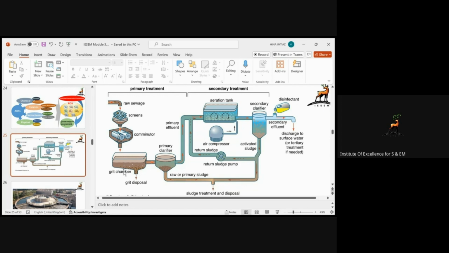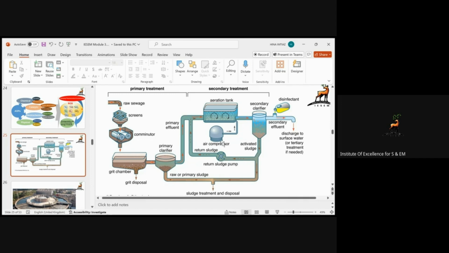Due to gravity, the grit is removed from the bottom, and the clean water moves to the next stage, which is the primary clarifier. In the primary clarifier, the primary effluent comes into the aeration tank, and here in the aeration tank the secondary treatment starts. In the primary clarifier, the sludge which has been produced is disposed of from the bottom, and the treated water further goes into the aeration tank.